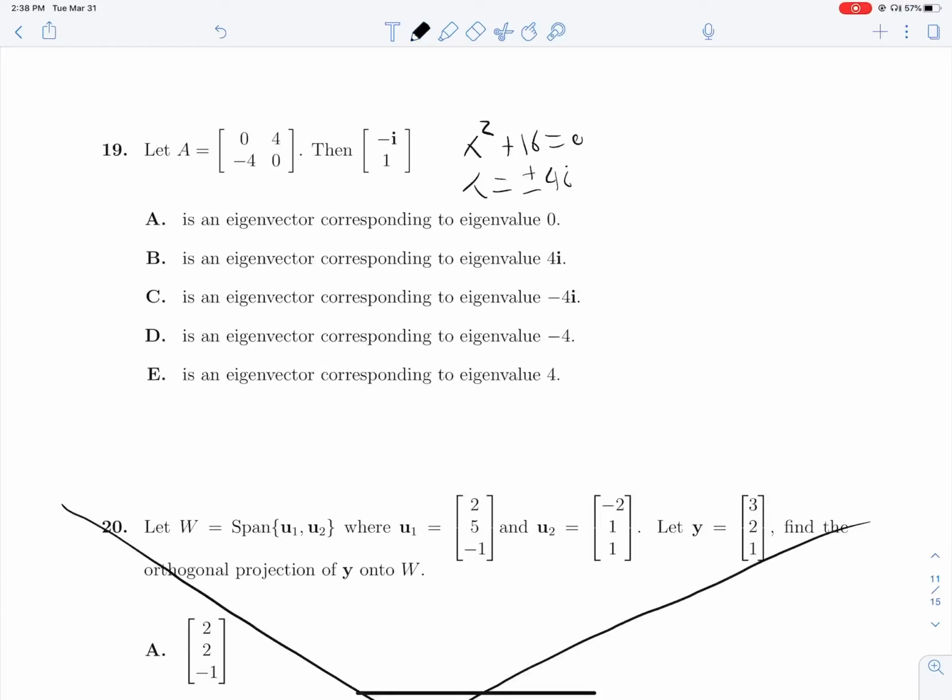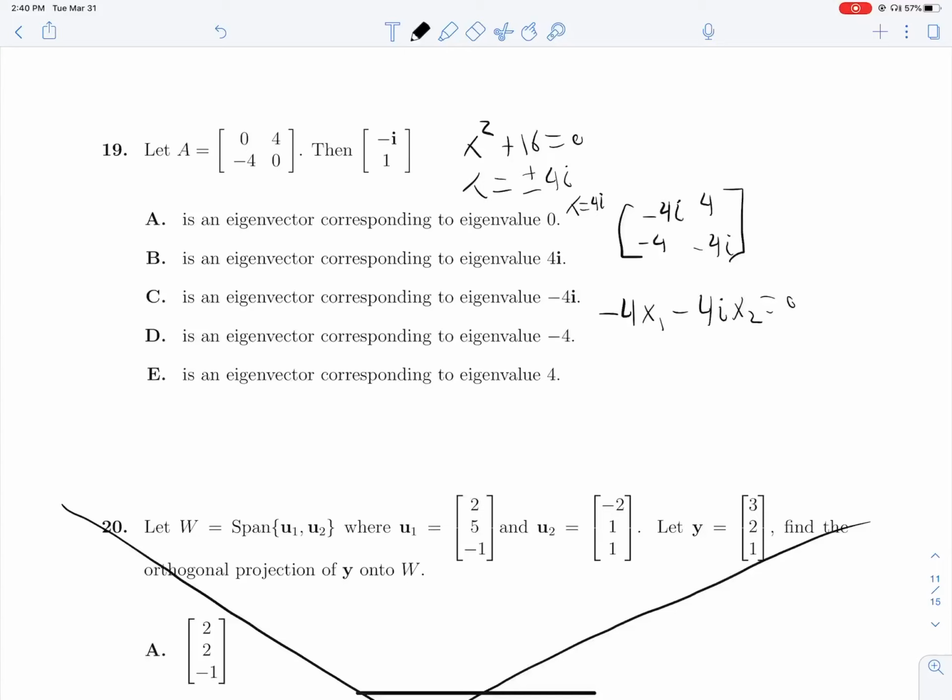If lambda is equal to 4i, let's just try that one first, then we'll be left with the matrix negative 4i, negative 4, 4, negative 4i. From here, let's go with the second line and set it up as an equation. This is saying that negative 4 x1 minus 4i x2 is equal to 0.